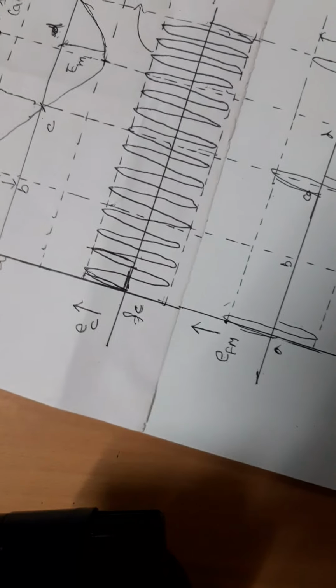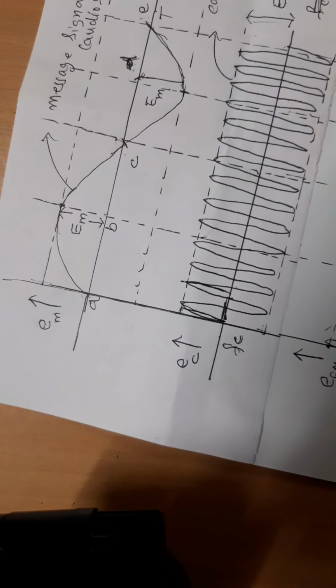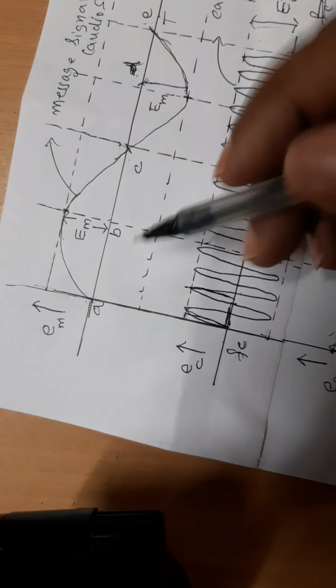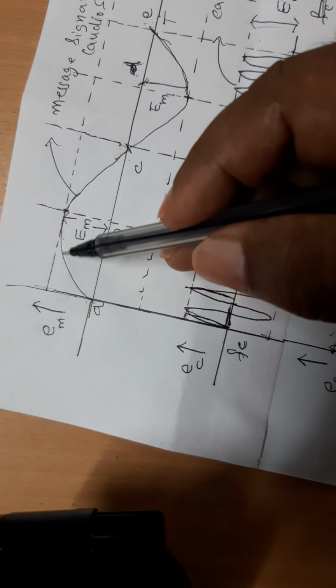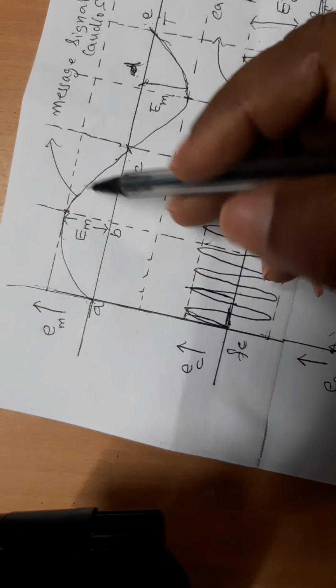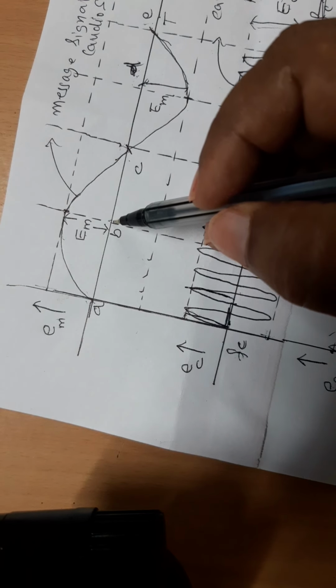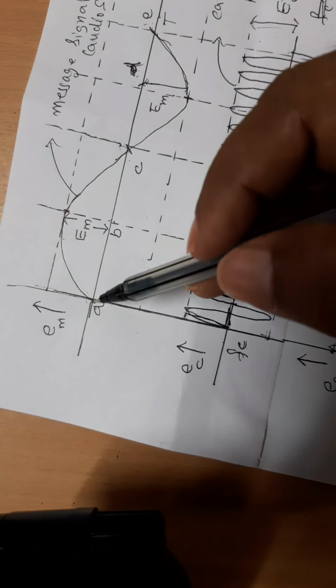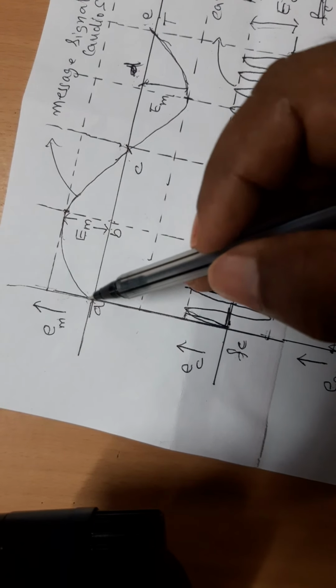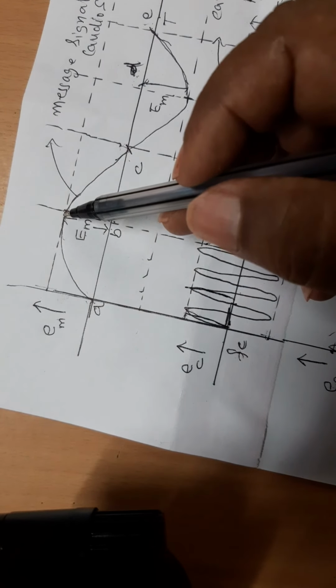Now see the modulating signal. The amplitude from A increases and reaches the maximum value at B. Therefore, the carrier frequency should increase from A to B because the amplitude increases.